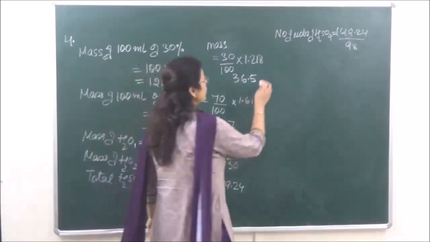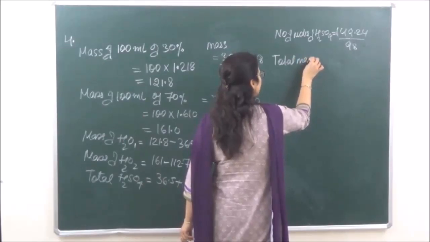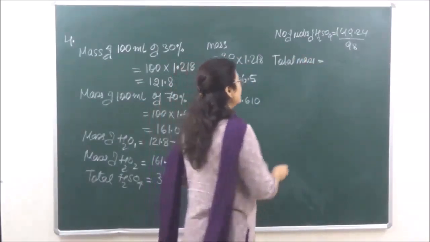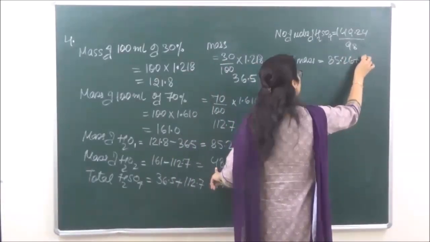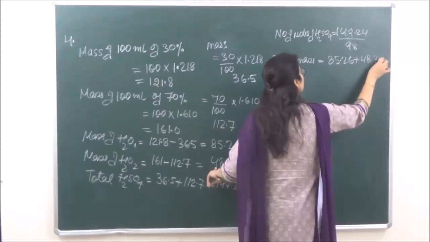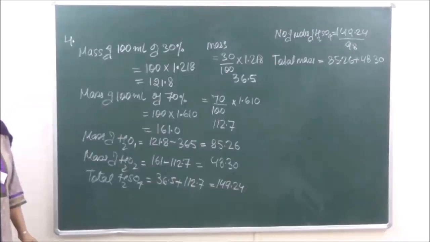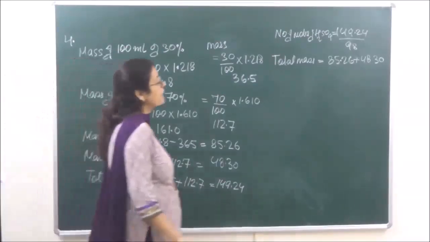So total mass of water will be equal to 85.26 plus 48.30. When we calculate this, it is coming to 133.56.